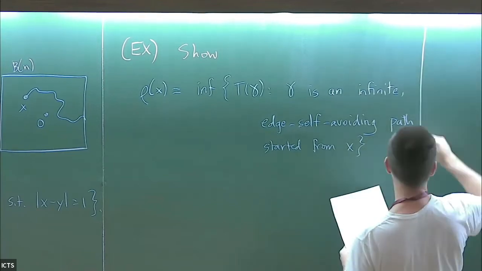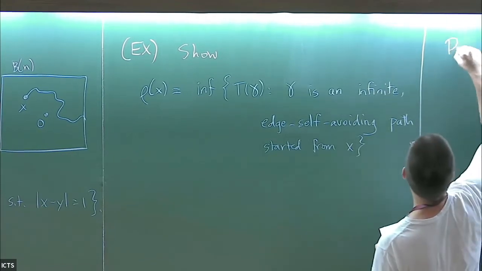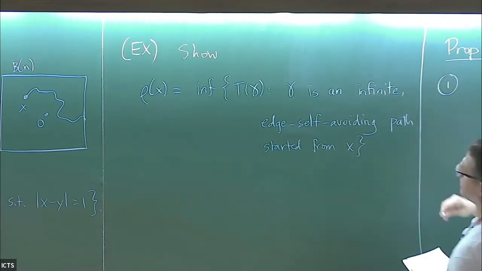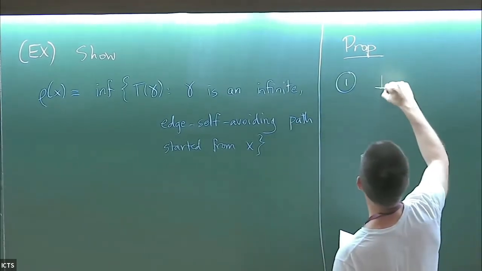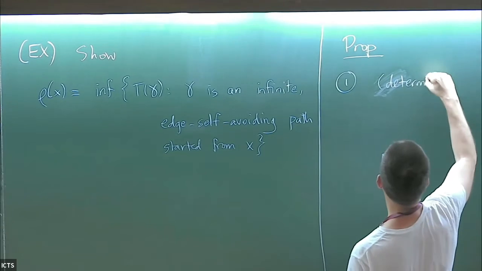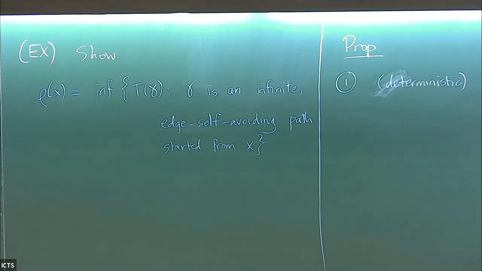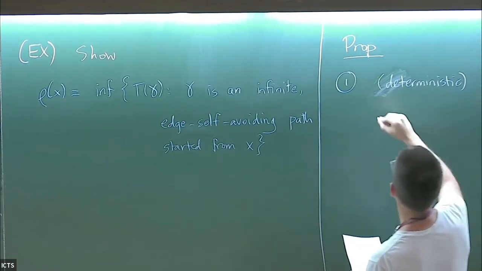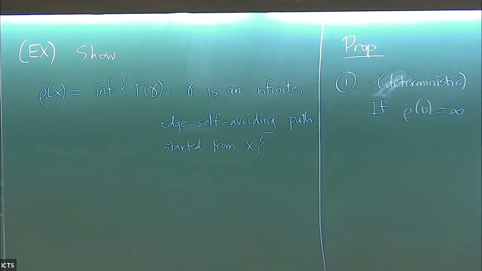Okay, so here's the main proposition about existence of geodesics. I have 3 parts. The third part is an exercise. So first, this is just a deterministic claim. Fix any passage time configuration that you want. If rho of 0 is infinity, so the passage time from 0 to infinity is infinite, then, in quotes, geodesics exist.